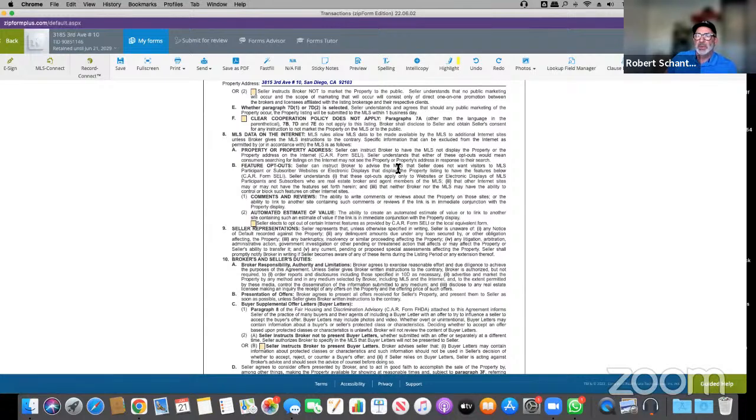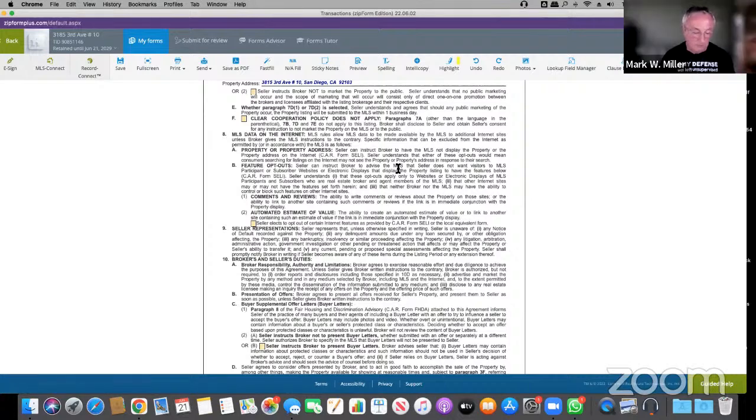We can choose to opt out, but opting out, we're not going to get exposure to all the other sites that index stuff like Redfin and Zillow and Trulia, all those internet data exchange sites. It's all going to go out and be syndicated out to that.